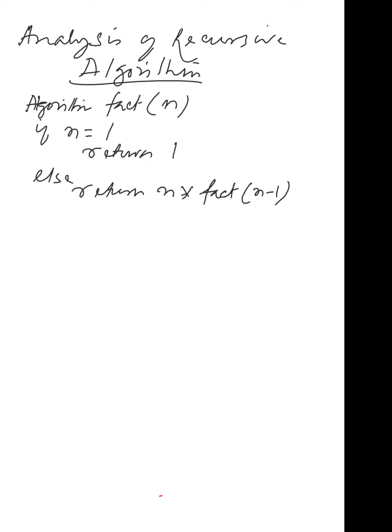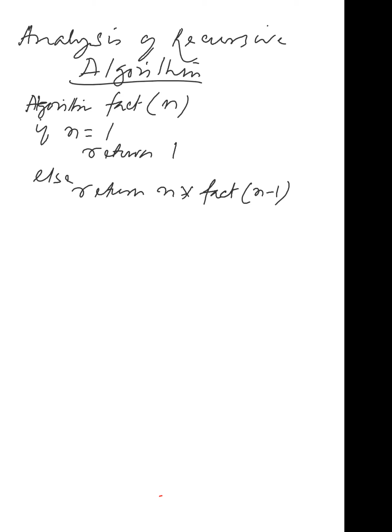So when we perform the analysis of this particular algorithm fact(n), fact is the name of the algorithm, and we are passing the parameter n. When n is equal to 1, we return 1, else return n into fact(n minus 1). So this is the algorithm, and the basic formula is what?